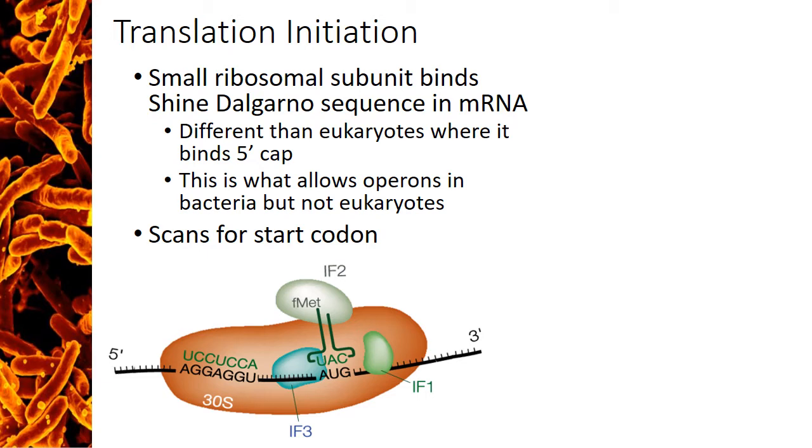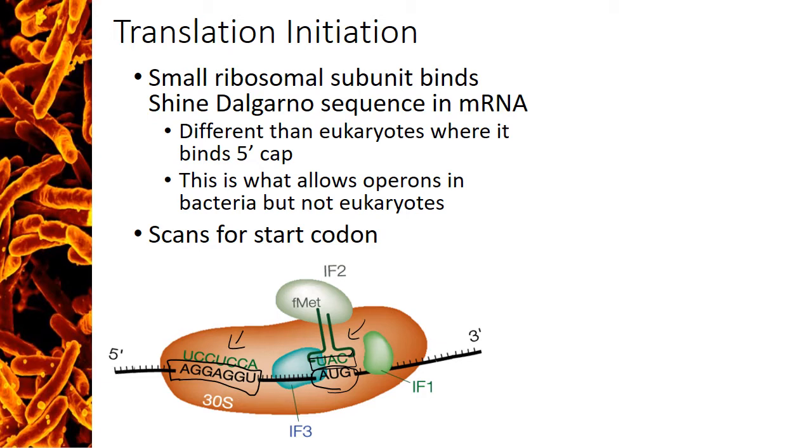This sequence is called the ribosome binding site, or the Shine-Dalgarno sequence, and it lines up with one of the sequences of the ribosomal RNA in the small ribosomal subunit in order to bind. The small ribosomal subunit then scans the messenger RNA to find the first AUG codon, which will be the start codon. You can see the initiator transfer RNA here interacting with that start codon with its UAC anticodon region.